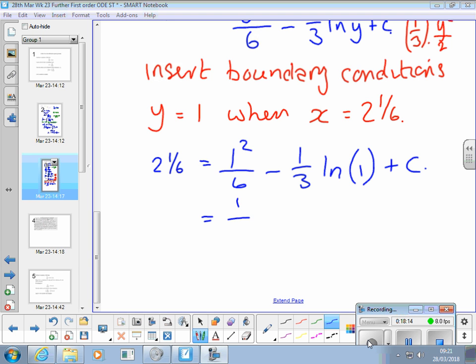That bit is just 1 over 6 minus a third of ln 1 plus c.